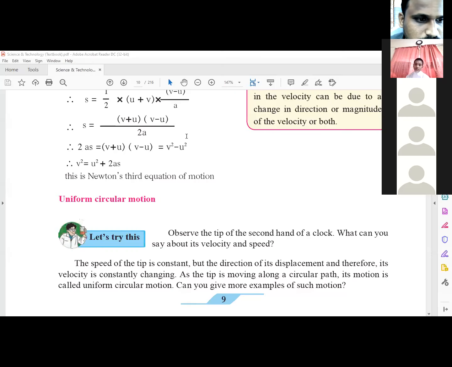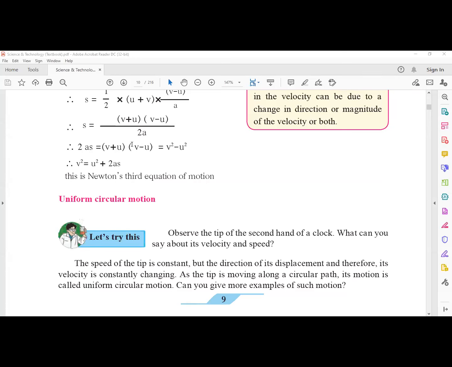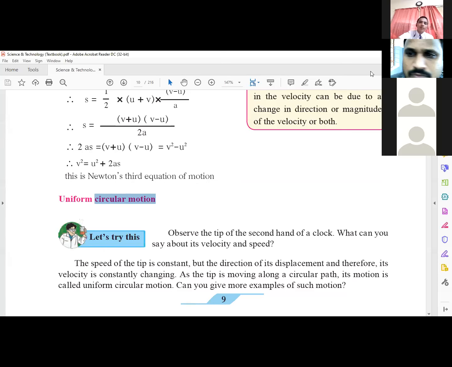Okay. All right. So our next point is uniform circular motion. We have seen the derivative part, how we have derived these equations of motion in a graphical way, or through graphical method. Now our next concept is uniform circular motion. Now we all are familiar with circular motion, right?